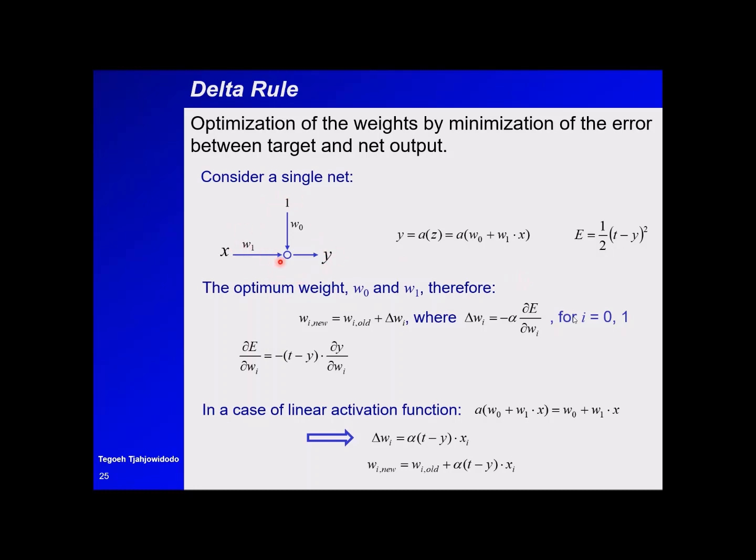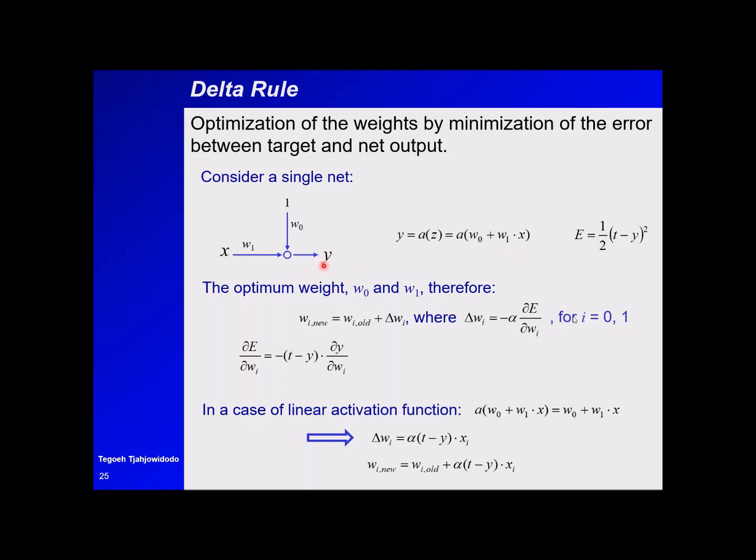And then if we want to use this model to capture the output data of an experiment, let's say an output data set T, expectedly if this neural net can model the data perfectly, the output of the data should be equal to the output of this model.